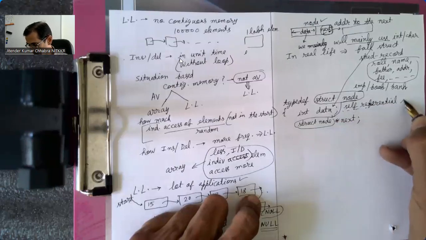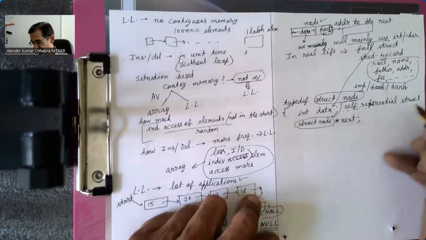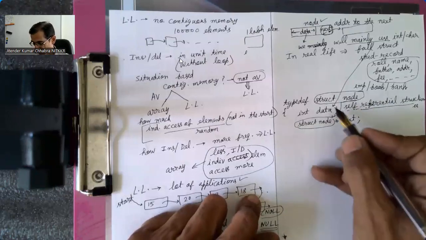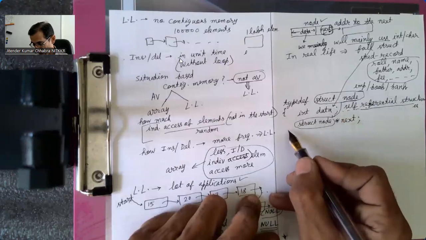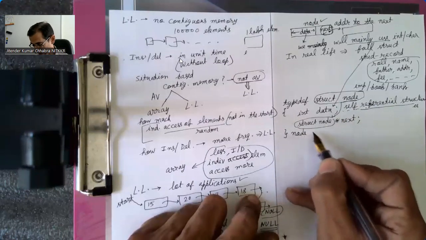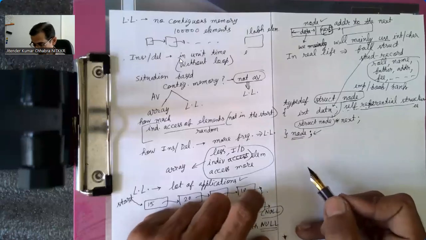Structures which use the same declaration word for one of their fields are called self-referential structures, and self-referential structures like the linked list node are very common. Then I will write the word node and a semicolon. Note that the semicolon is a must here.